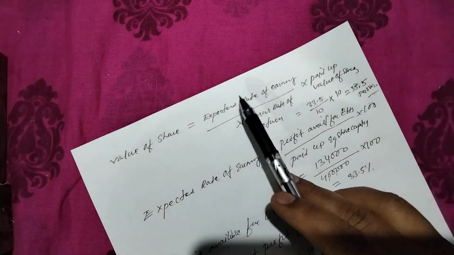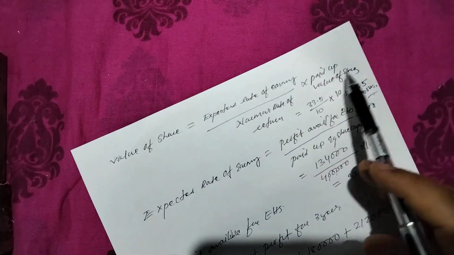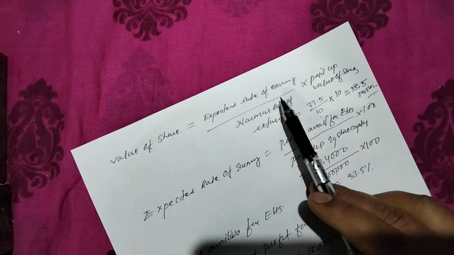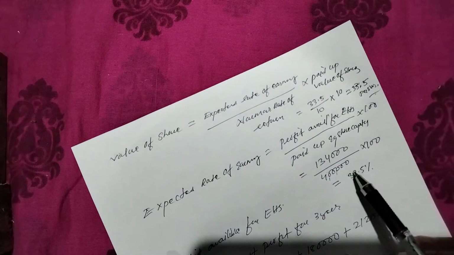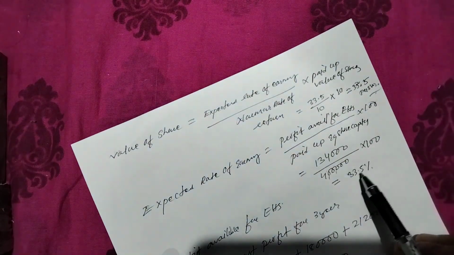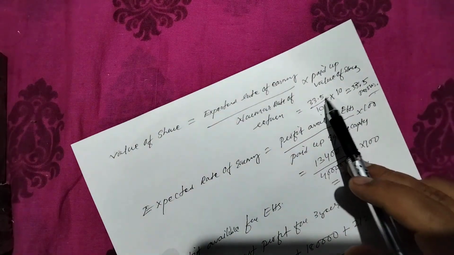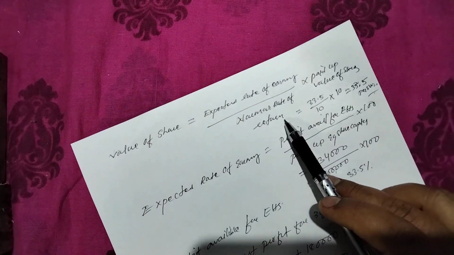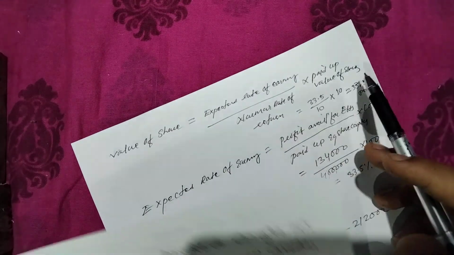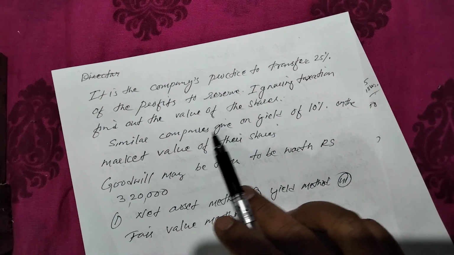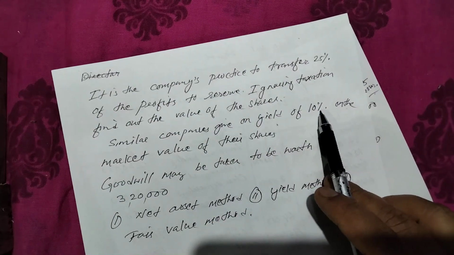Value of share is the expected rate of return into paid up value of share divided by normal rate of return. So your expected rate of return is 33.5. Normal rate of return is 10%. Here it is written similar company yield 10%, this is the normal rate of return.